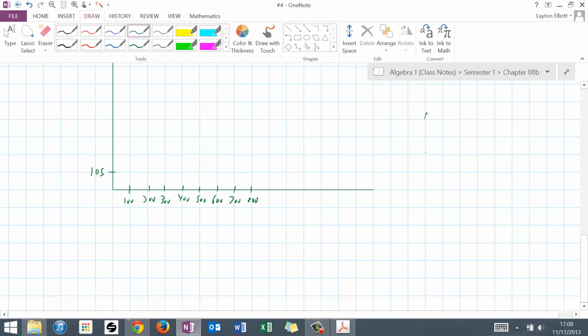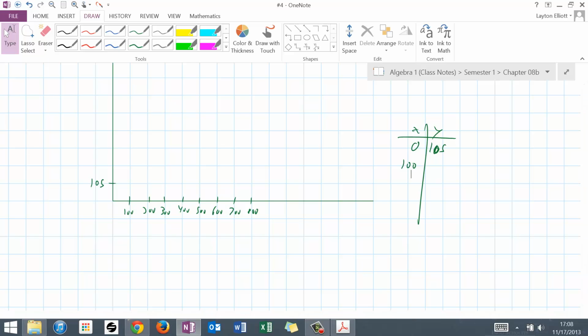And we're going to do a t-chart of x, y, 0, 105. I'm going to plug in 100 and just see what happens. 100 times 1/20th is 5, and then 5 plus 105 is 110. And then I'm going to keep going up. 200 becomes 115, 300 becomes 120, and I should just get it from there.